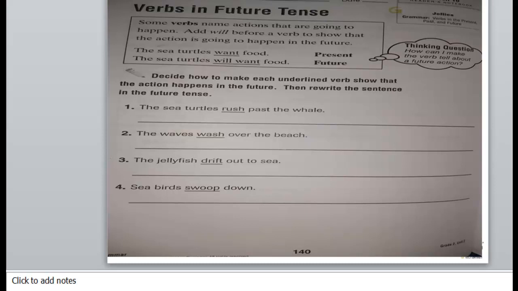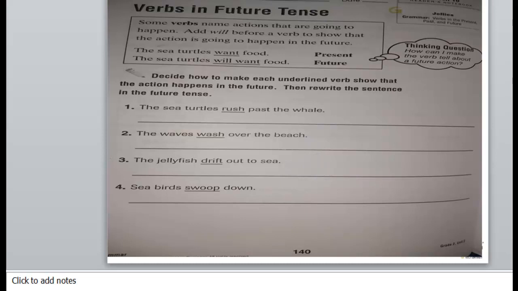Drift here, we will add what before the action verb drift to make it in the future tense? Yeah, we will add will before the word drift. So gonna be will drift. Yes, exactly. The jellyfish will drift out to sea. Good, guys.